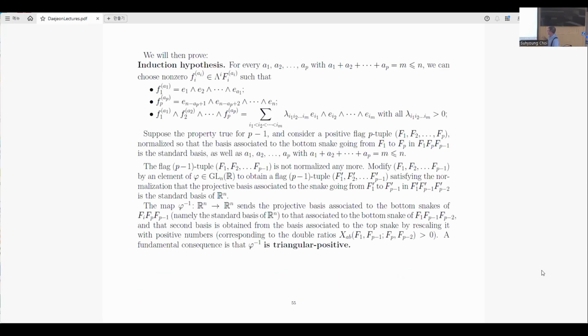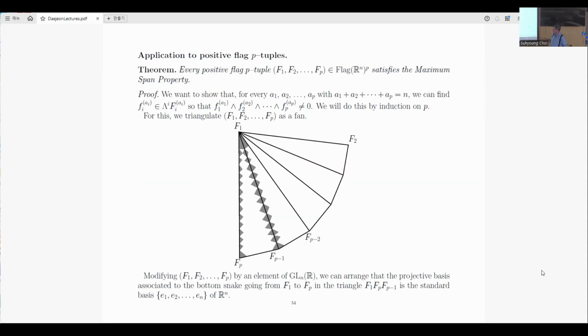I'm going to say it with words. It's much easier than seeing the formulas I have written in the notes. The change of basis sends the basis associated to this bottom snake in this triangle to the snake associated to the top snake of this triangle, namely the one associated to these gray triangles here.